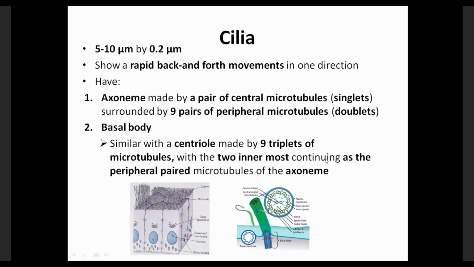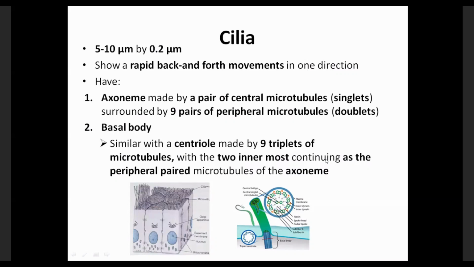And this cilia have the root, which is nothing but same as centriole. You go and revise your centriole. And the shaft has only two microtubules in the center, surrounded by 9 pairs of microtubules. These are the structure of cilia, and such composition would enable these projections to get bent and straightened.